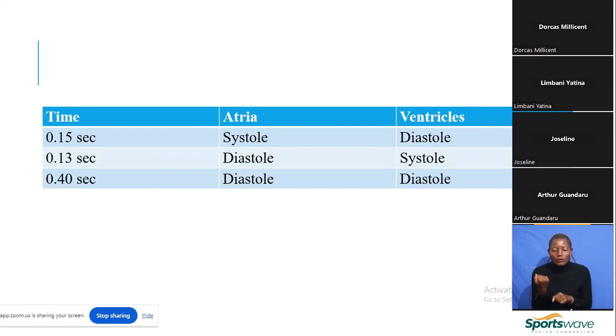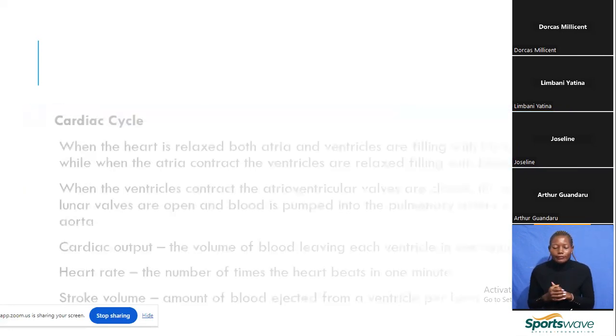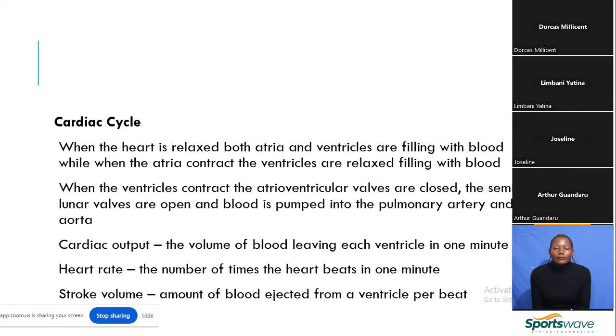And during this time, the 2 circulations are happening at the same time. The pulmonary circulation is happening, and the systemic circulation is happening at the same time. Not that one takes place and then the other comes later. The cardiac cycle.